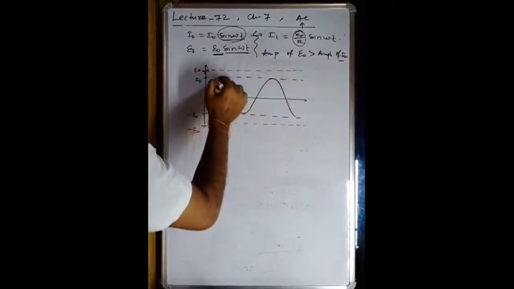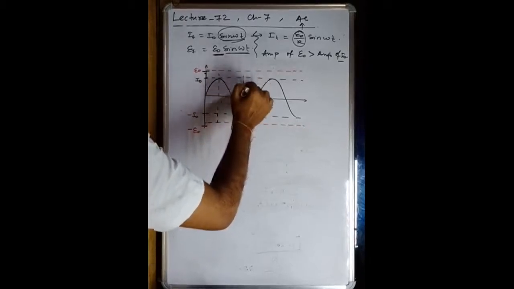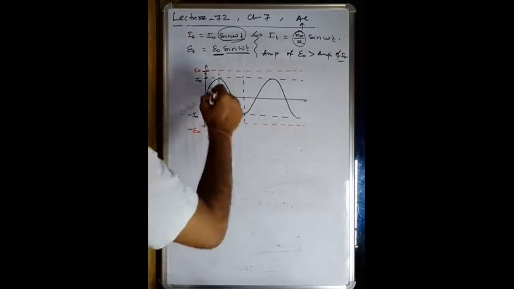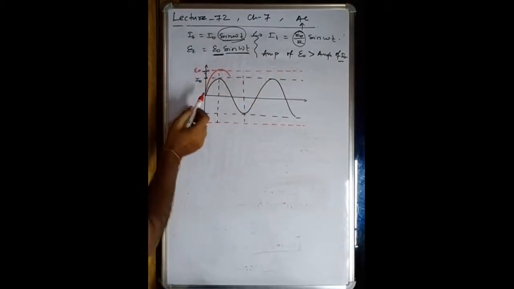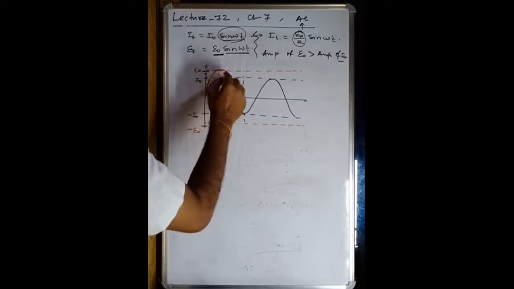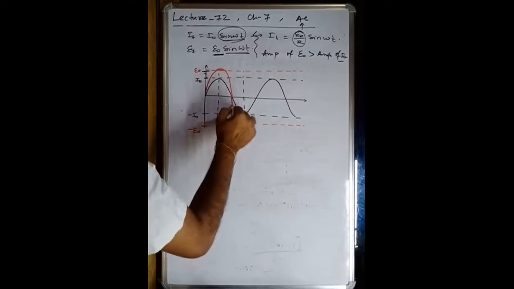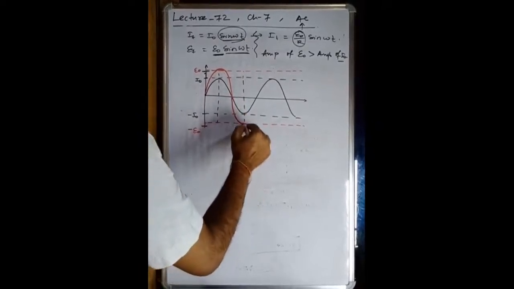This looks like this. Now the graph for voltage looks this way. You can see the zero at the same angle, the maximum at the same angle, again the zero at the same angle, and the maximum in the opposite direction at the same angle.